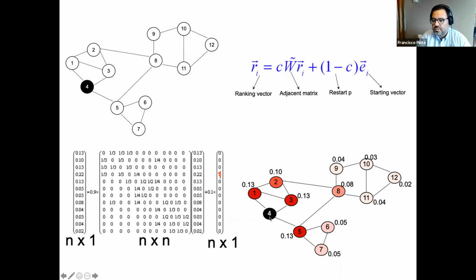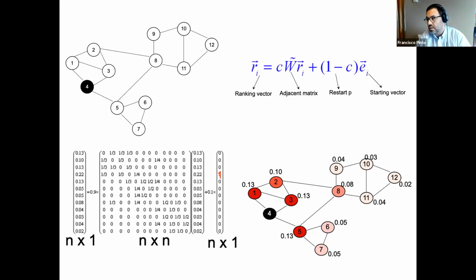Of course, nodes that are at the shortest path distance from the source will have higher probabilities of being visited, but in random walks with restart, it also counts if you have more different pathways that can lead you to that node from the source, you increase the probabilities of being visited.